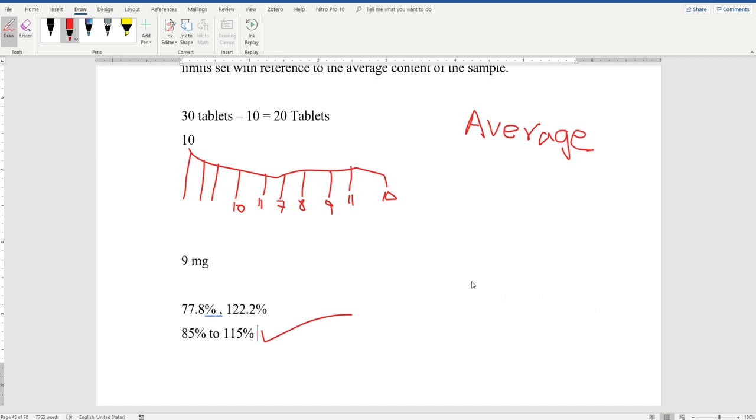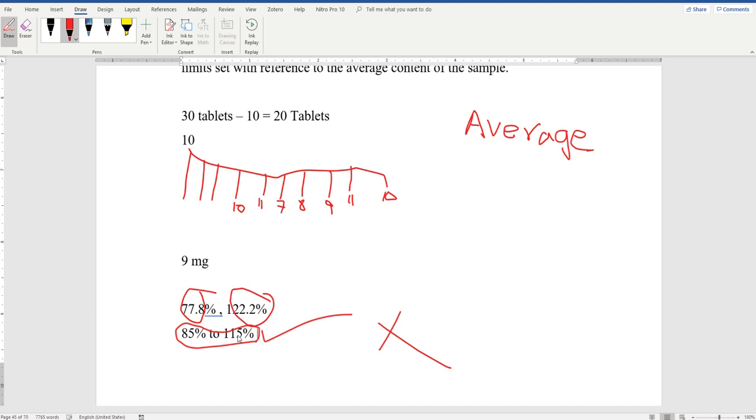Okay, if 2 tablets are not in this range, 85 to 115, and I already have 2 without calculating the rest, right? Then it fails the test. So when does it fail the test? If more than 1 tablet is not in the range. What range? 85 to 115%.